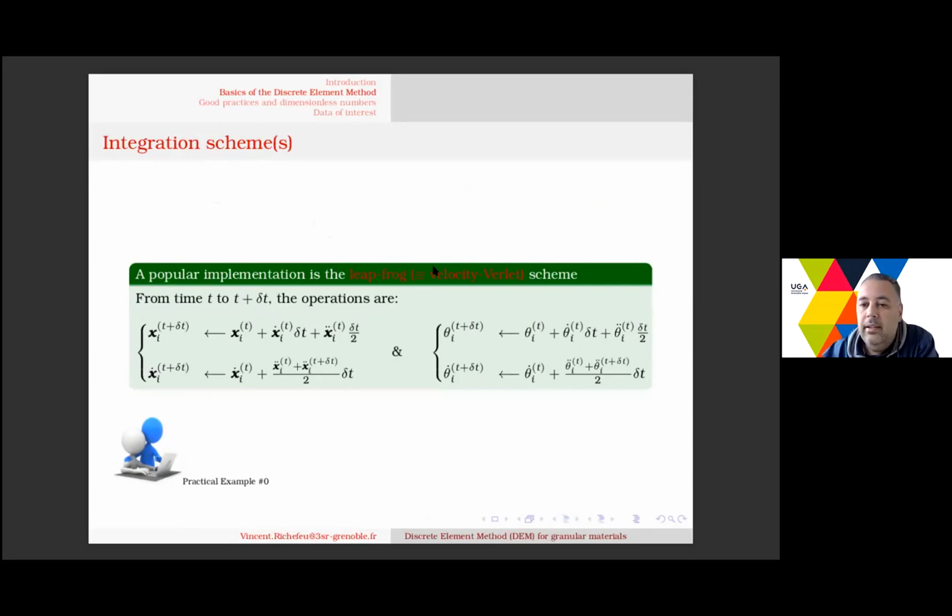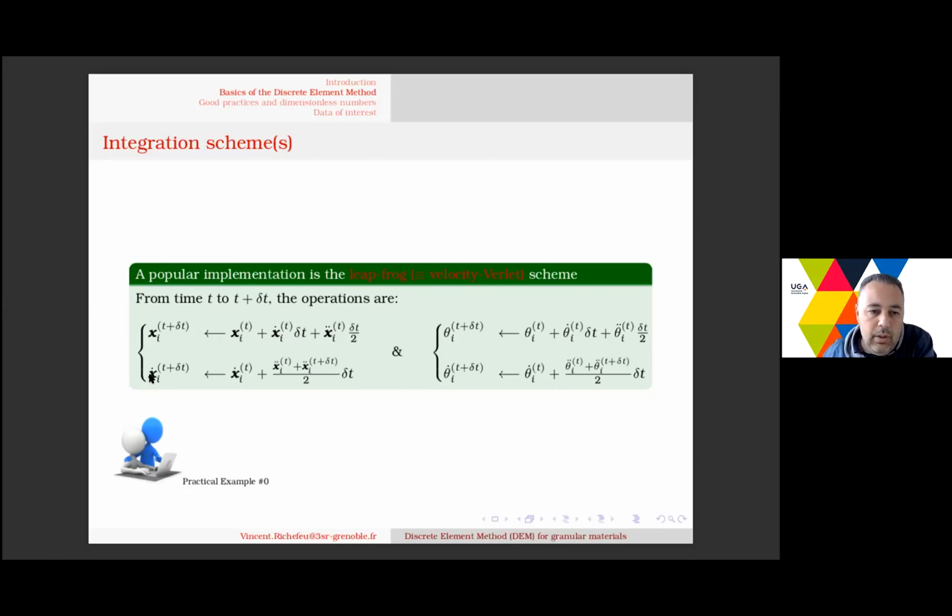You can find it, I would say in nature, but in the commercial codes, for instance. Differently from the earlier scheme, we add the velocity times the time step to update the position, but we account also for the acceleration. Okay, so it's like a Taylor development, but at higher order.